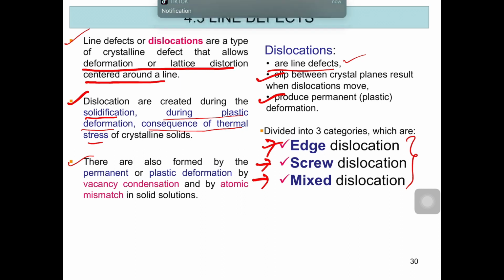The point defects are the vacancy, the self-interstitial, and impurities.